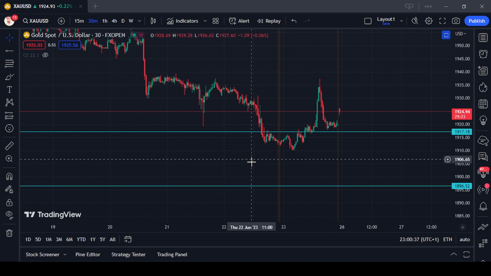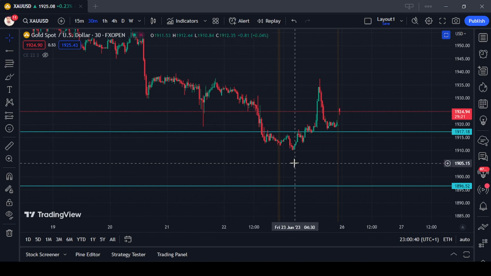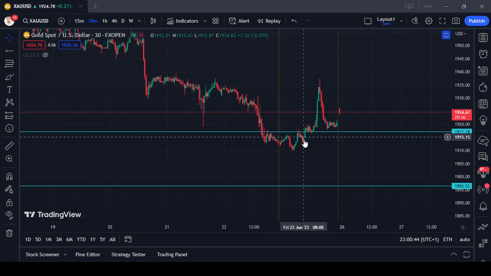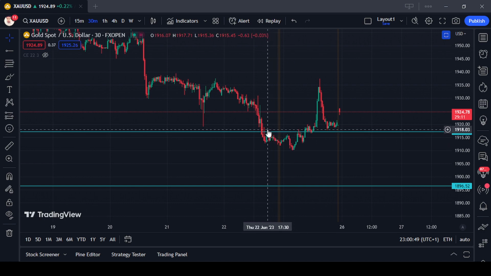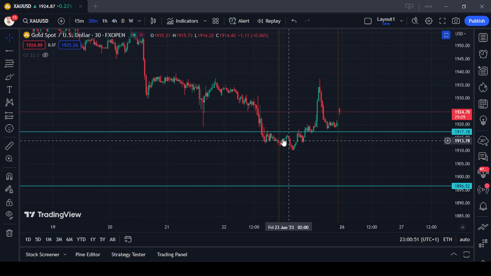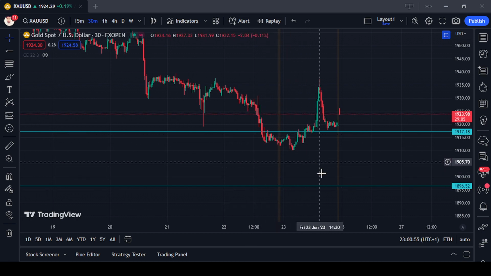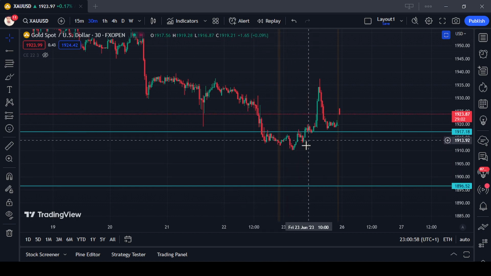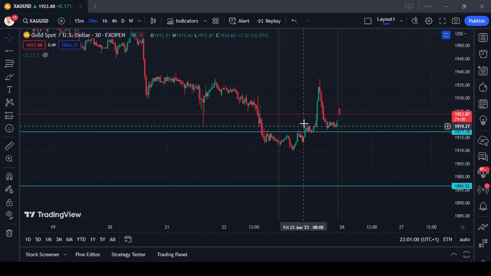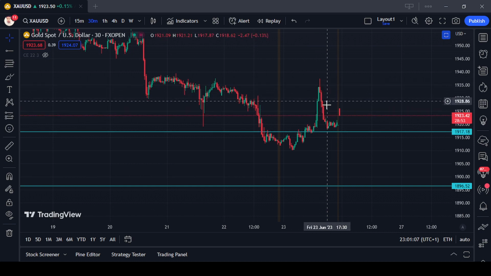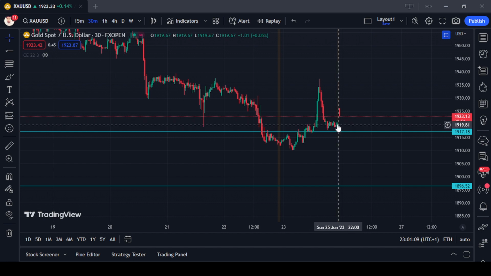As you can clearly see in the 30-minute time frame, gold has just broken this resistance. Previously it was rejecting this resistance. As soon as the gold was in this zone we should wait for the zone, but the gold has broken this zone and also retested this zone, and it has moved a lot, and then it is going to retest this again.